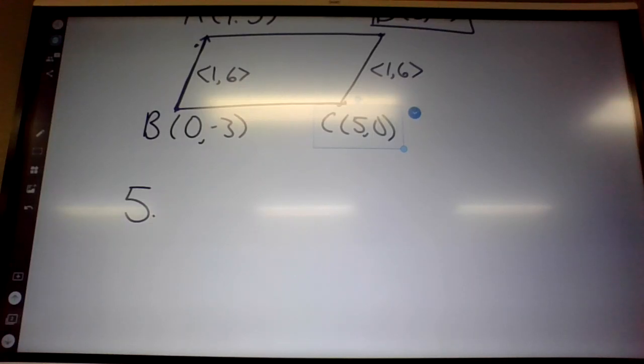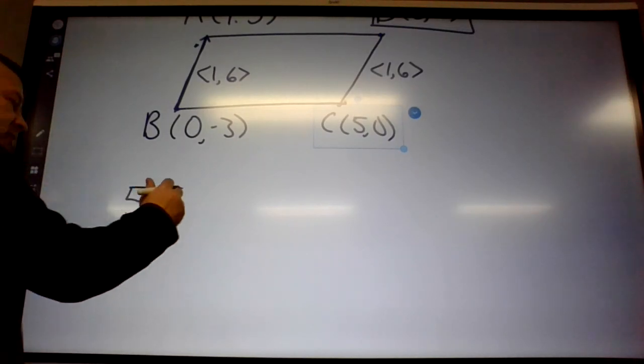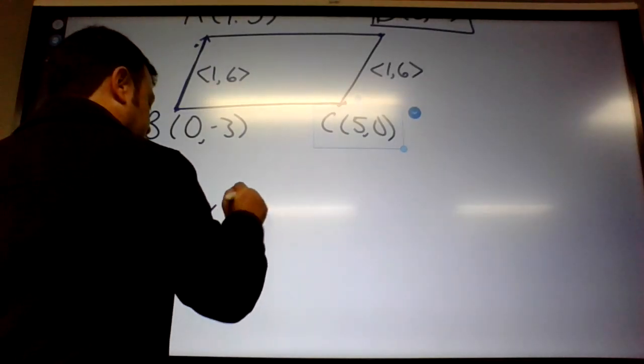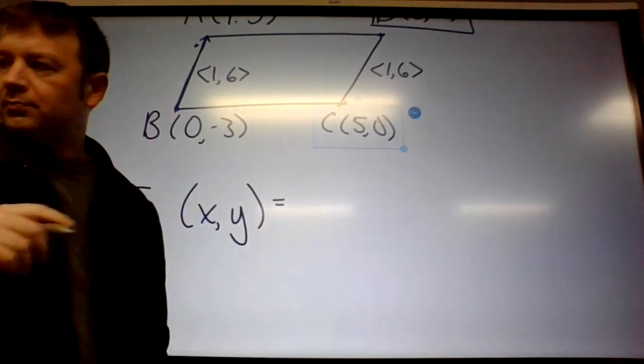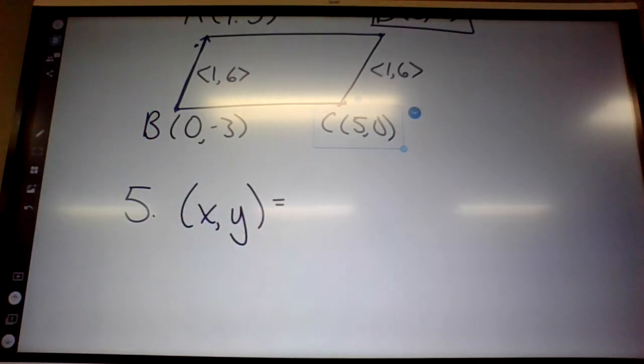Okay, number 5. Find the velocity and speed of an object that moves with constant velocity so that its position at time t is xy. Let me copy this down. xy equals -2, -2, plus t times 1, 4.